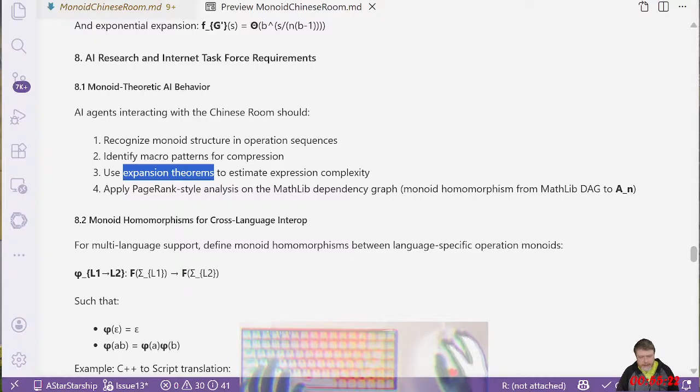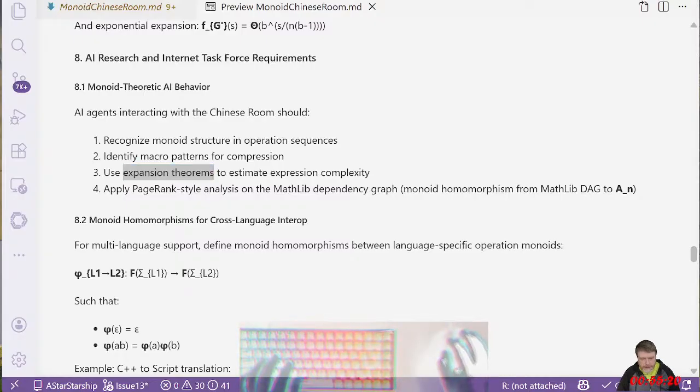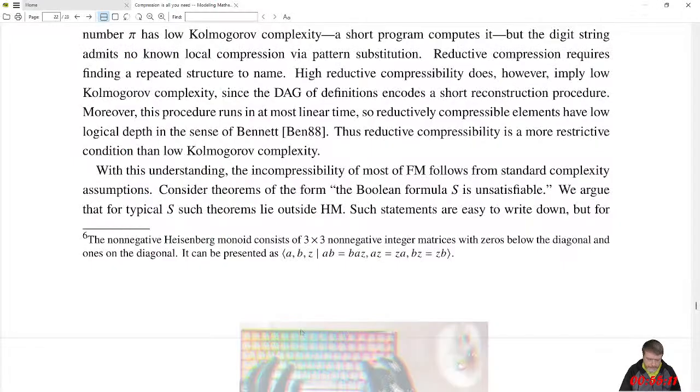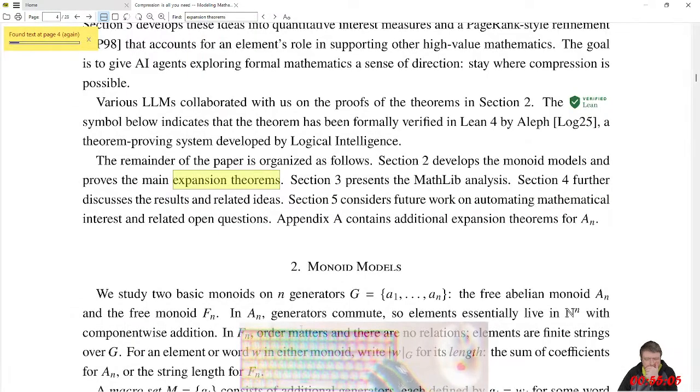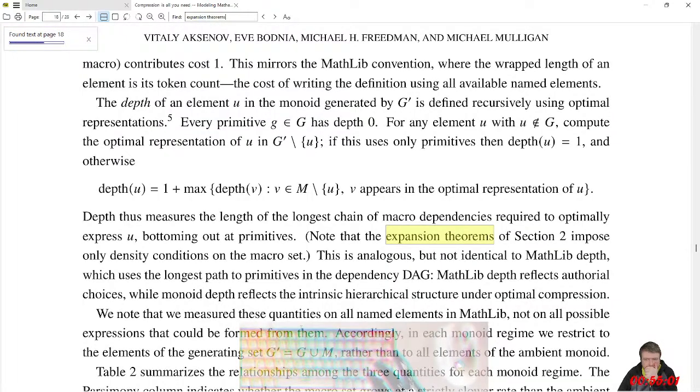Does this say this in the research paper? Okay. What is an expansion thing?